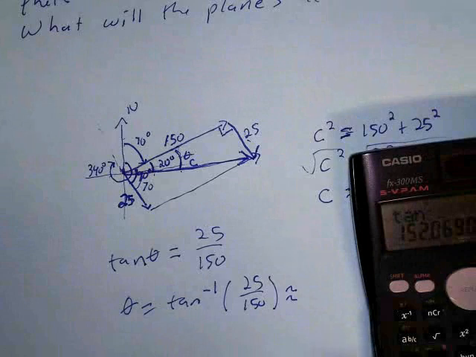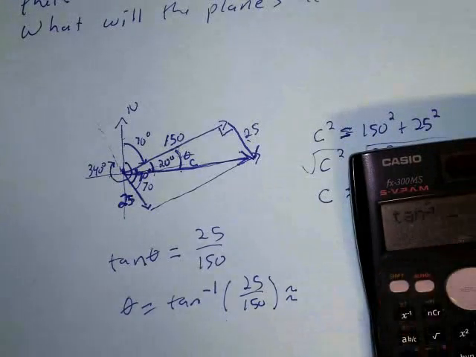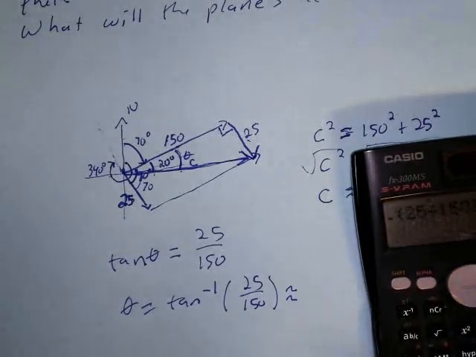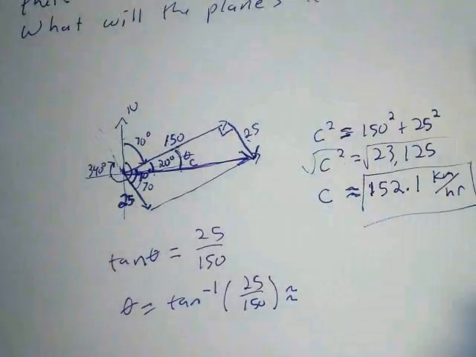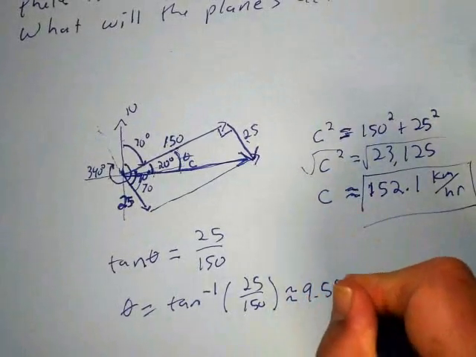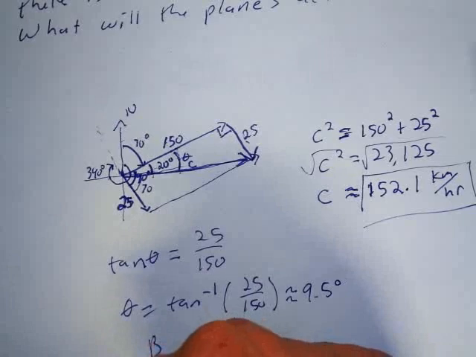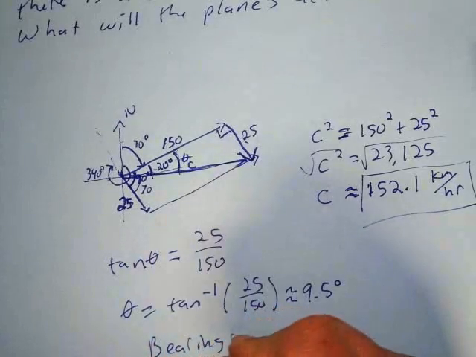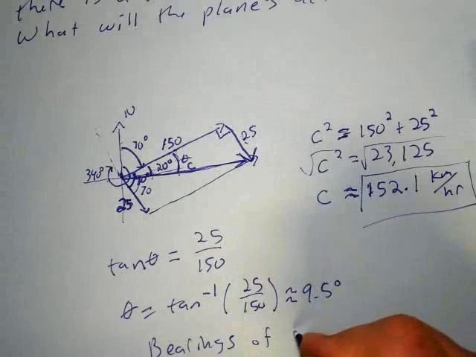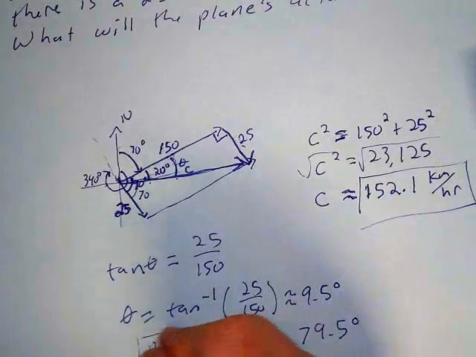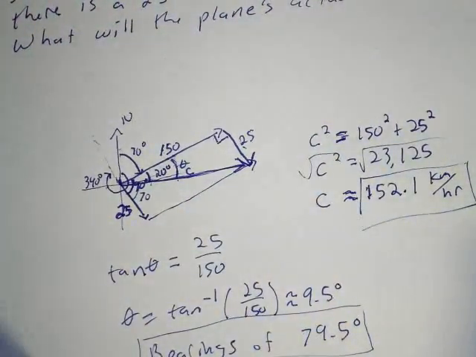I need to put that in parentheses though. And I get about 9.5 degrees. And so this would be the 70 plus 9.5 more. So it would be a bearing of 79.5 degrees. And that would be the heading of the plane.